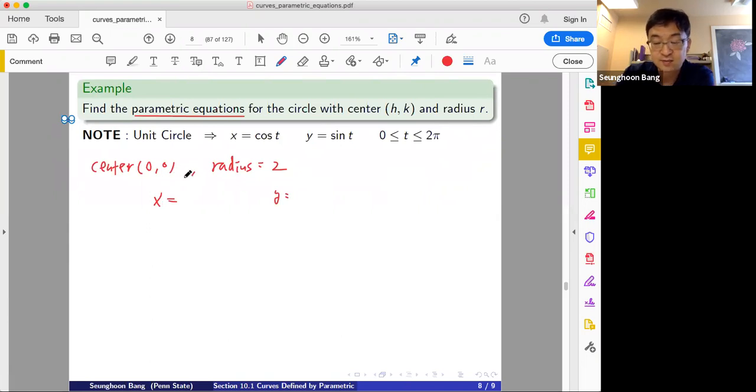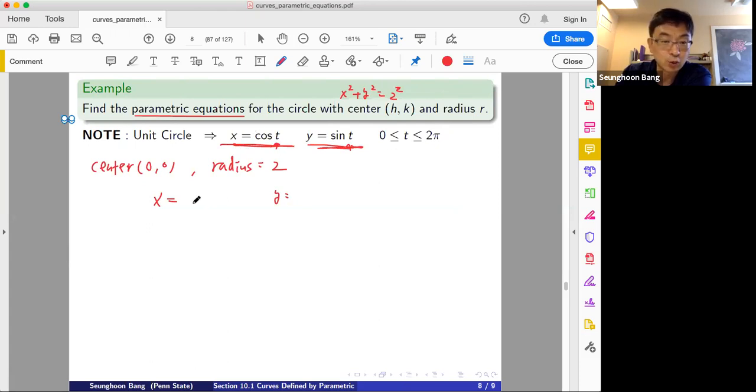A parametric equation is an equation that is a function of t. We call it a parametric equation. So exactly right: x squared plus y squared equals 2 squared. This is a Cartesian equation. You can change it to x equals something, y equals something.